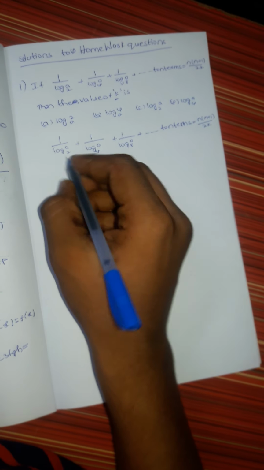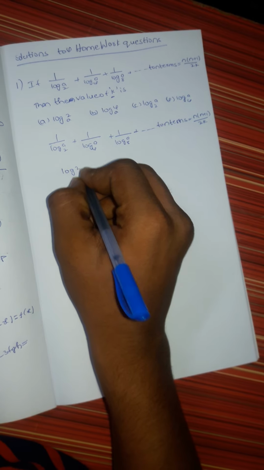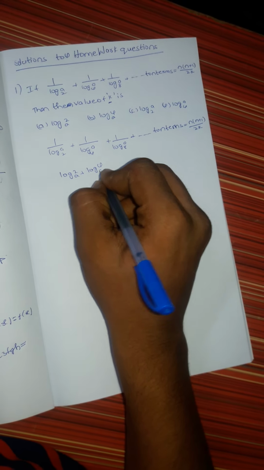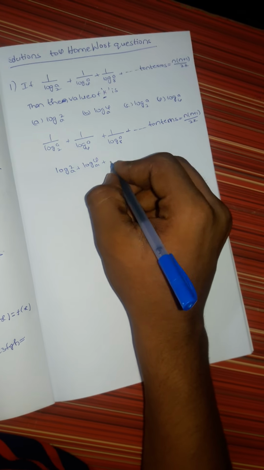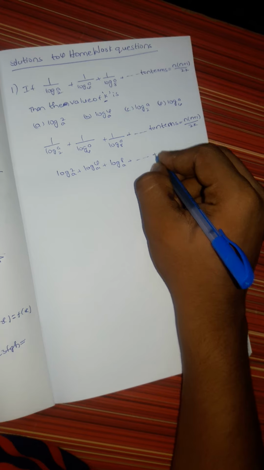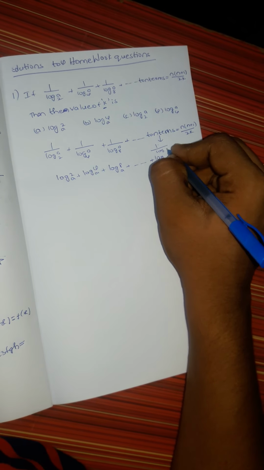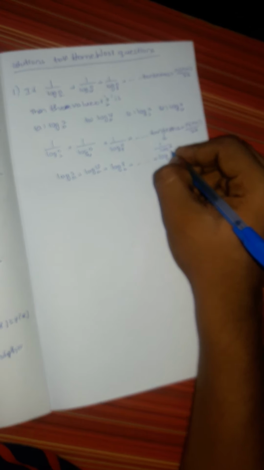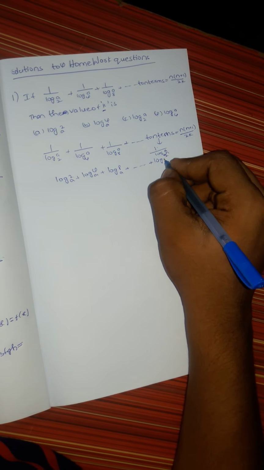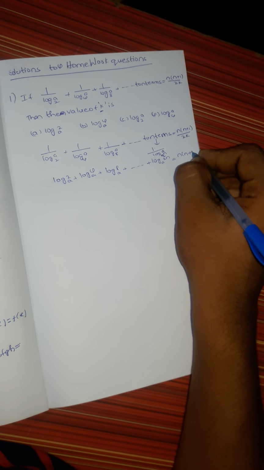We can write 1 by log a base 2 as log 2 to the base a, plus 1 by log a to the base 4 as log 4 to the base a, plus 1 by log a to the base 8 as log 8 to the base a, plus and so on, plus the nth term, which will be 1 by log a to the base 2 power n, that is log 2 power n base a, equal to n of n plus 1 by 2k.